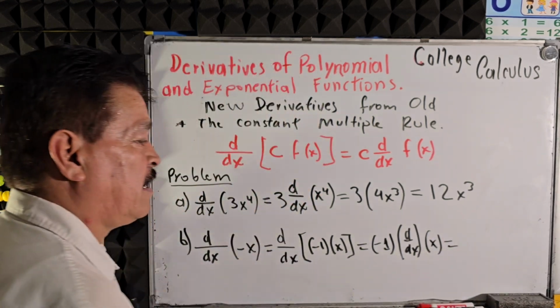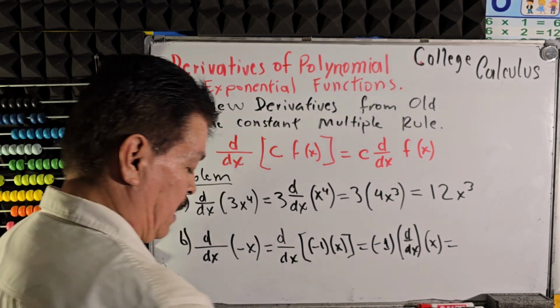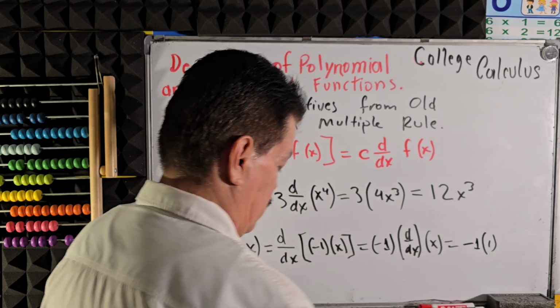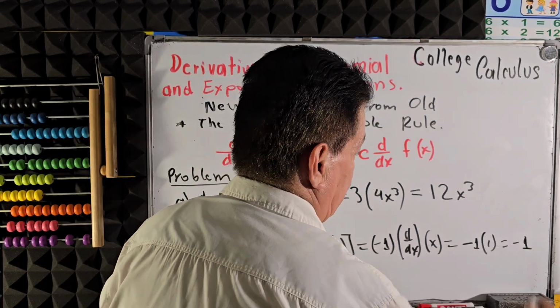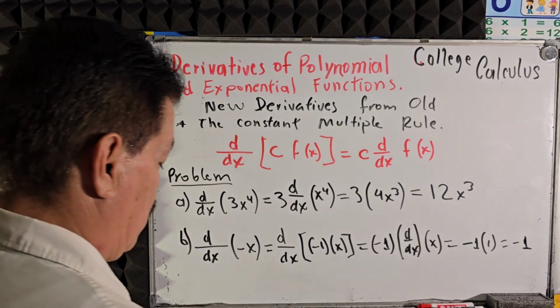You simplify that. This is a very simple problem. It's not a big deal, right? So here we will have negative 1 times 1. Easy, right? The answer is negative 1. That's it. Very, very easy question.